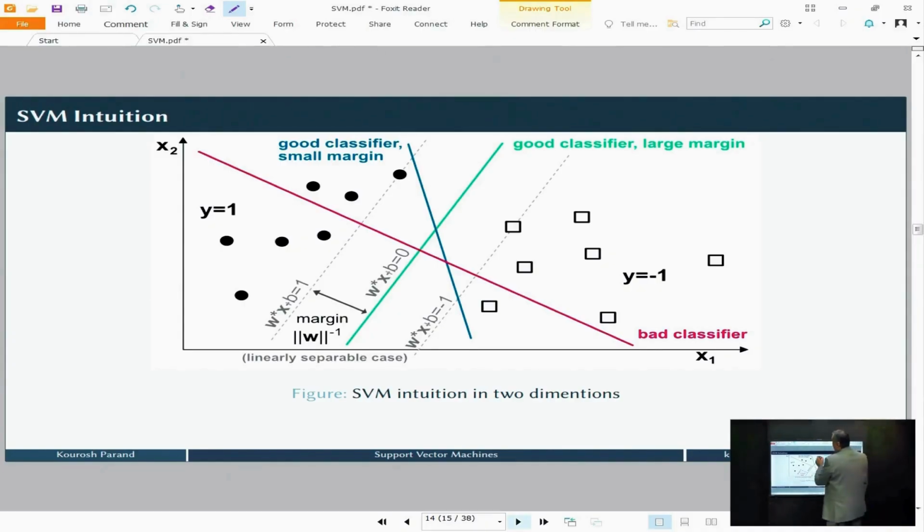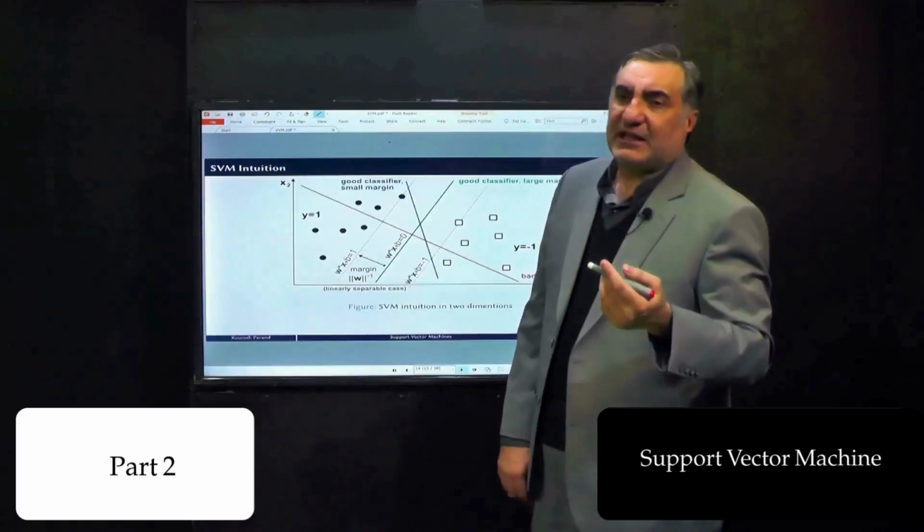So here, this hyperplane of mine is W transpose X plus B equals 0. This other hyperplane, because it's for this side, is W transpose X plus B equals 1, and on this side as well, W transpose X plus B equals -1.